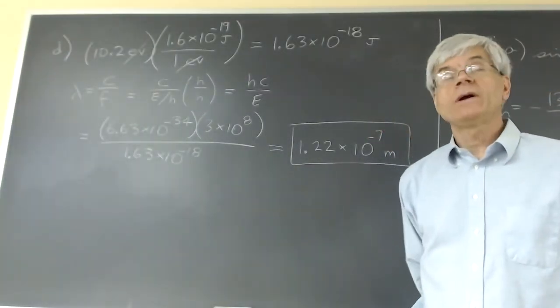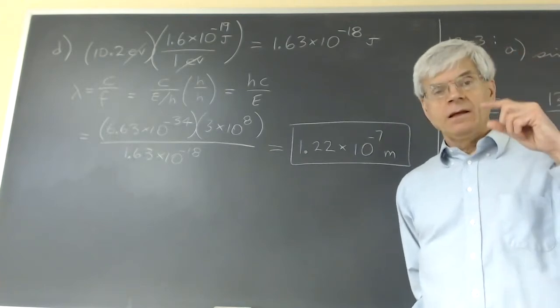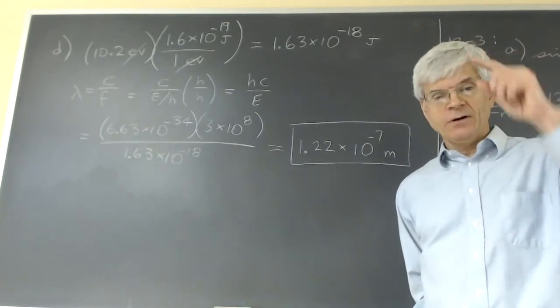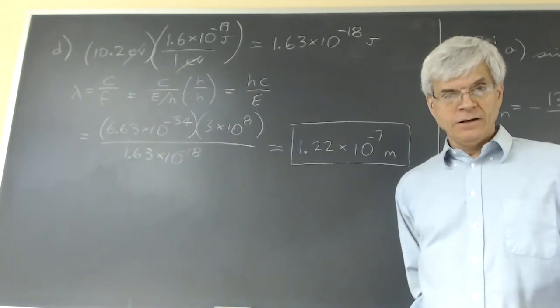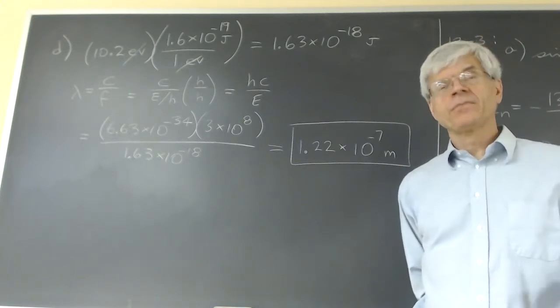The way it works out for hydrogen is that when the electron drops all the way to the ground state, you get a photon in the ultraviolet part of the spectrum.